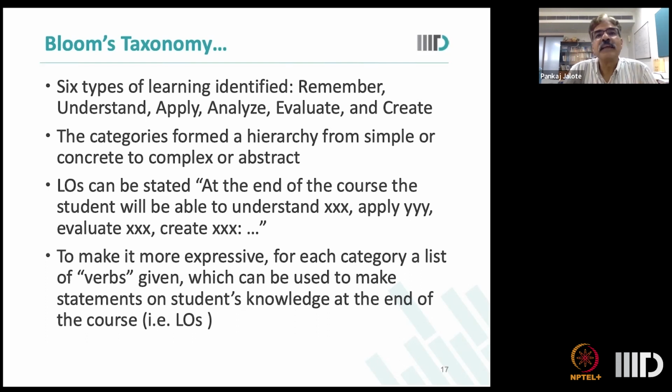Evaluate, and create is, of course, that you are creating some new thing. So the categories form a hierarchy from simple or concrete to complex or more abstract. And learning outcomes, therefore, can be stated as, at the end of the course, the student will be able to understand something, apply something, evaluate something, create something, for example, if we use this. But even this is not very expressive.